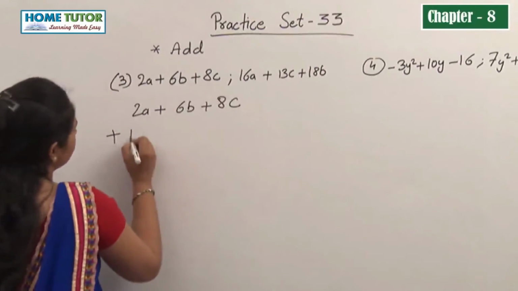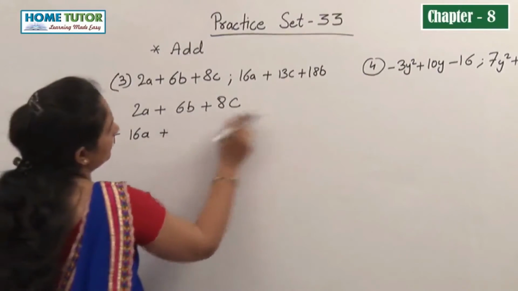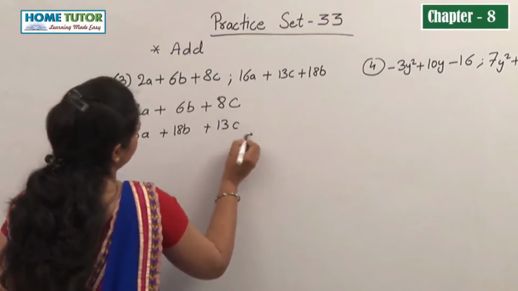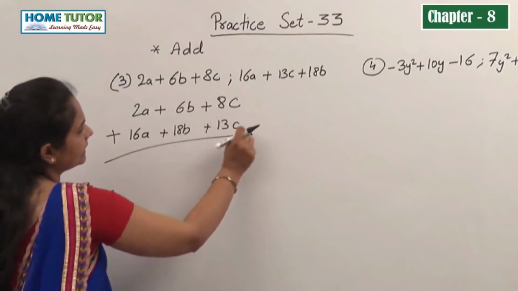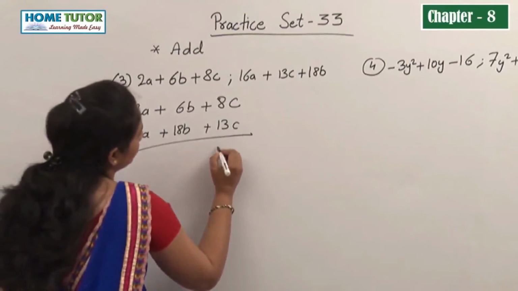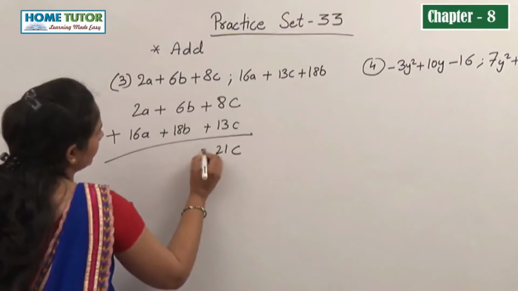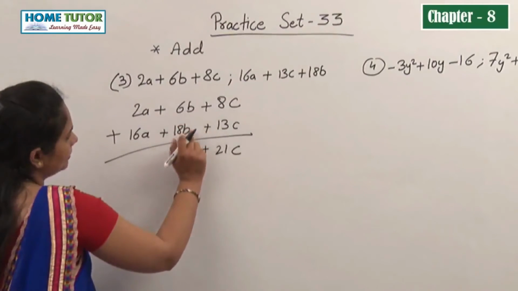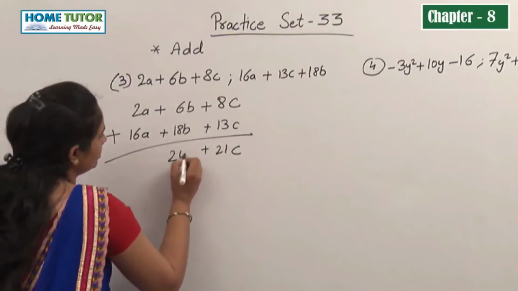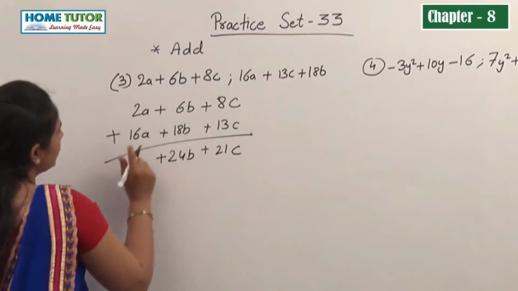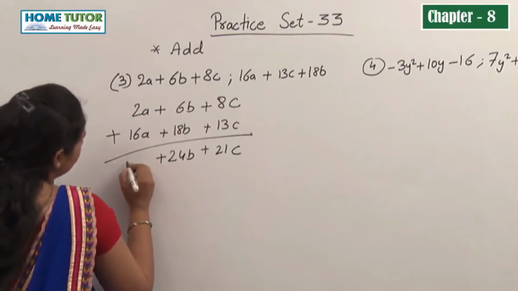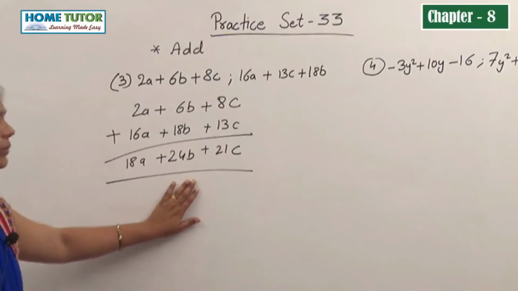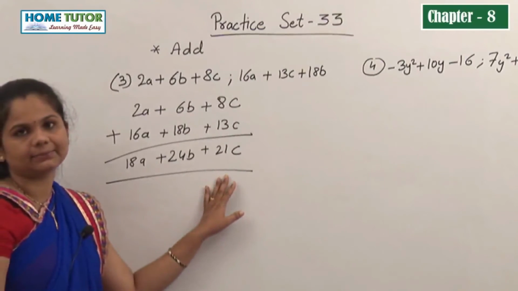Now 8c plus 13c is equal to 21c, 6b plus 18b is equal to 24b, and 2 plus 16 is equal to 18, so it is 18a. So our answer is 18a plus 24b plus 21c.